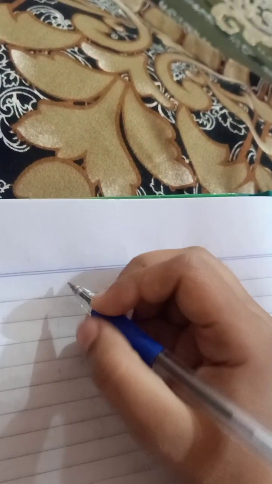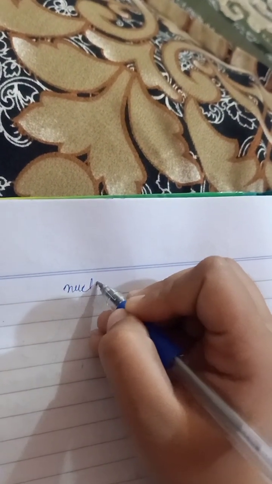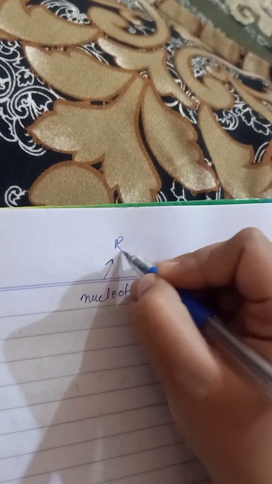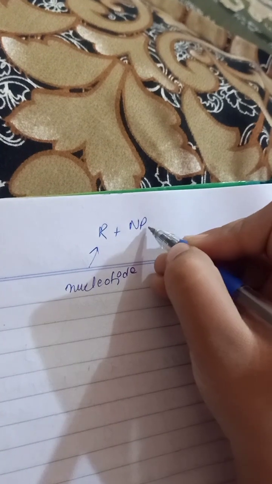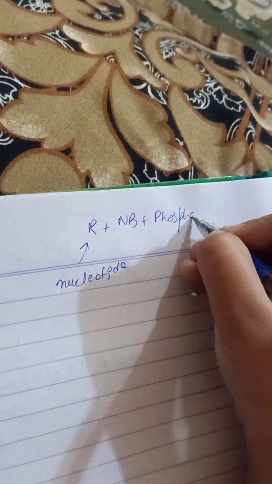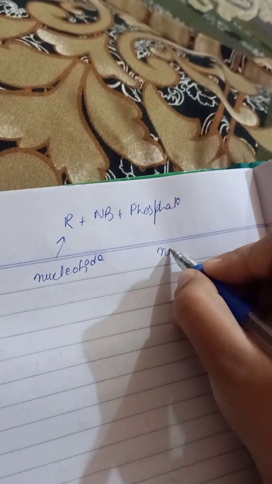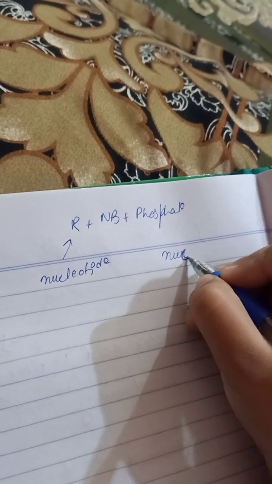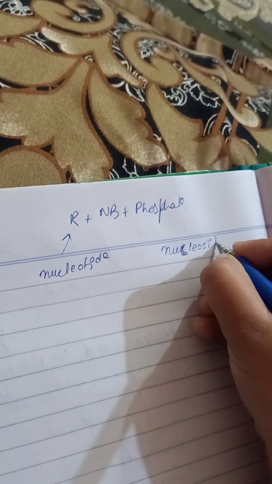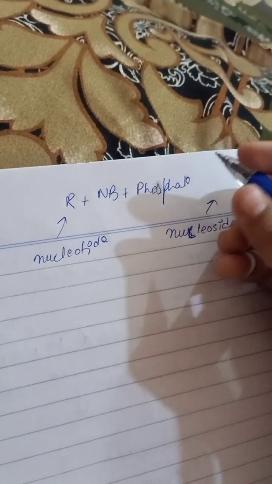In RNA and DNA, nucleotides are there. In a nucleotide, as you all know, there is a ribose sugar plus a nitrogenous base plus a phosphate group. The nucleotide will further break down into the nucleoside. I'm just giving you the concept.